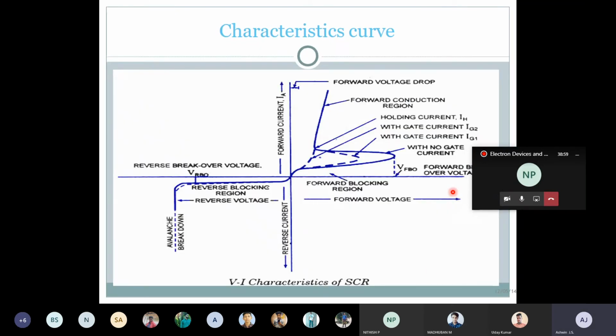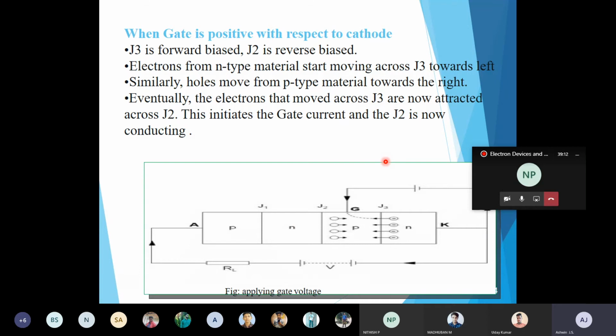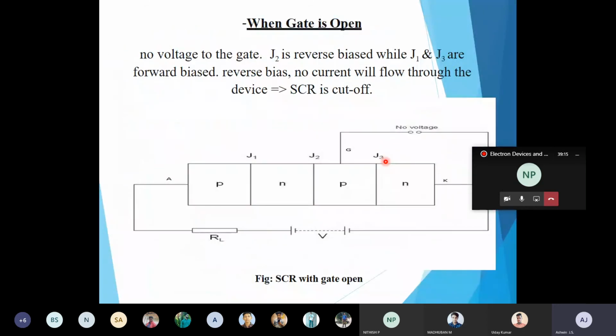Now the characteristics. Initially I'm not providing any voltage, so very little current occurs due to minority charge carriers. Listen, there will be two operations, one without gate and one with the gate. Without gate, you know it is in the reverse bias condition, right? Suppose I give more voltage, then reverse breakdown will occur.